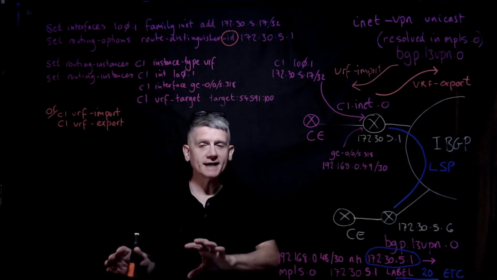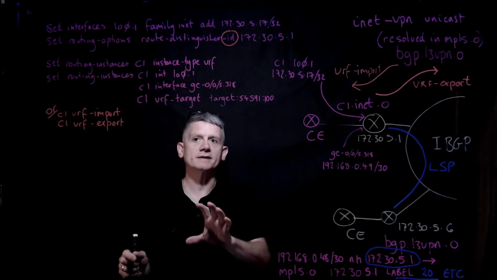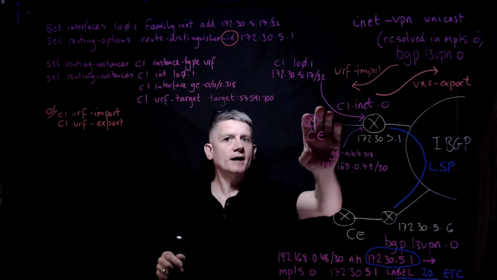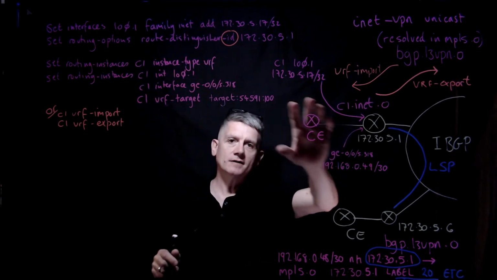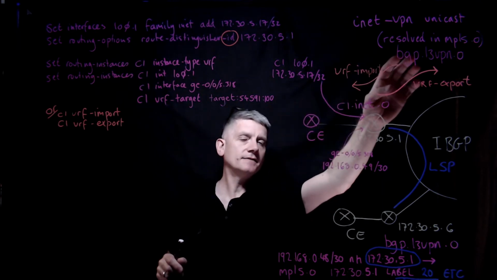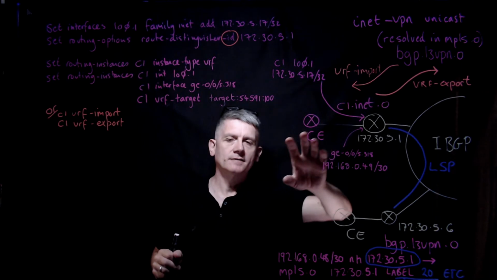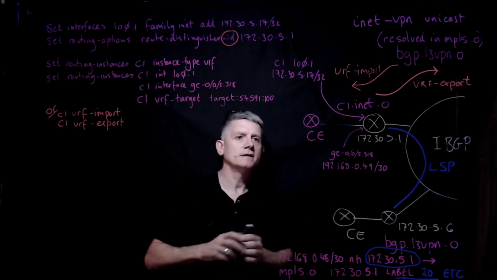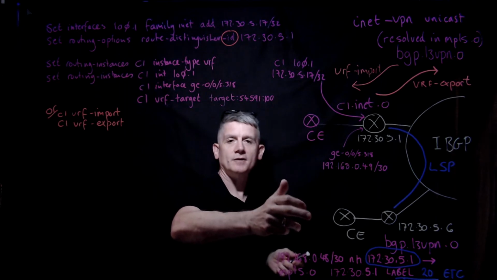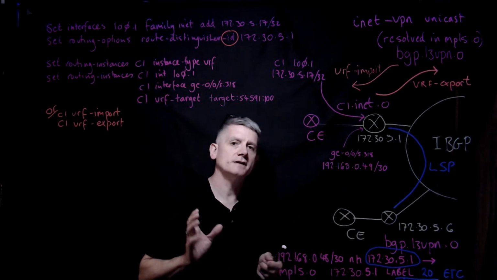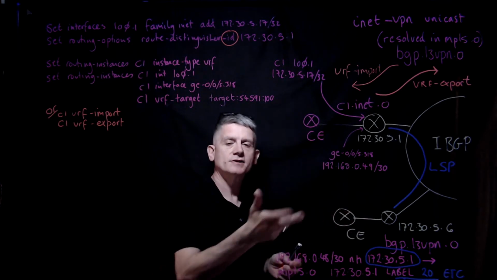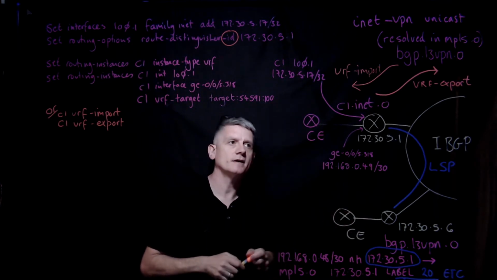The route target is a completely different mechanism that we're going to use, again it's a community, in order to place routes from our local box here into the VPN and out of it. And because of that, the route distinguishers can actually be different from both ends of a VPN. In fact, it's an advantage if they are, because it allows us to see which PE has created the particular route.